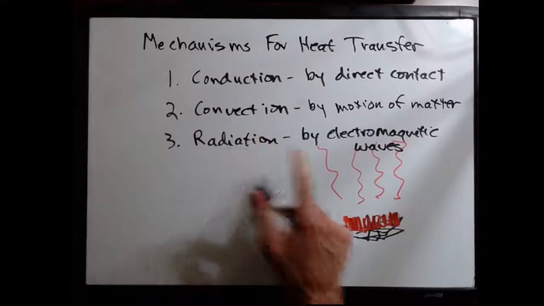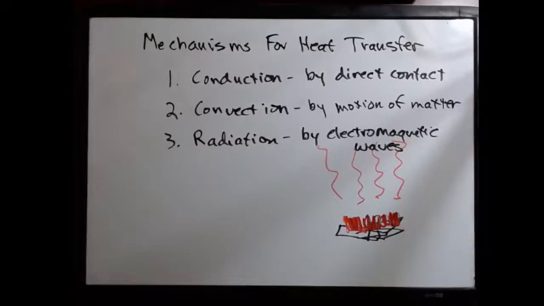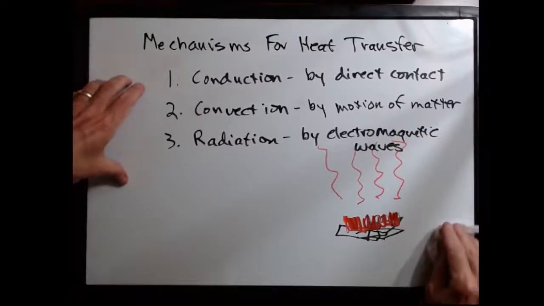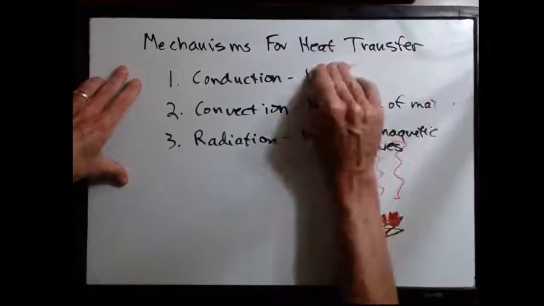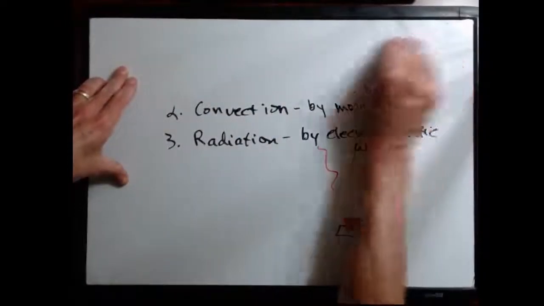Okay, so we're going to start with a little discussion of conduction. So let me just erase some of this stuff. I guess I'll erase all of it. We'll start with conduction.